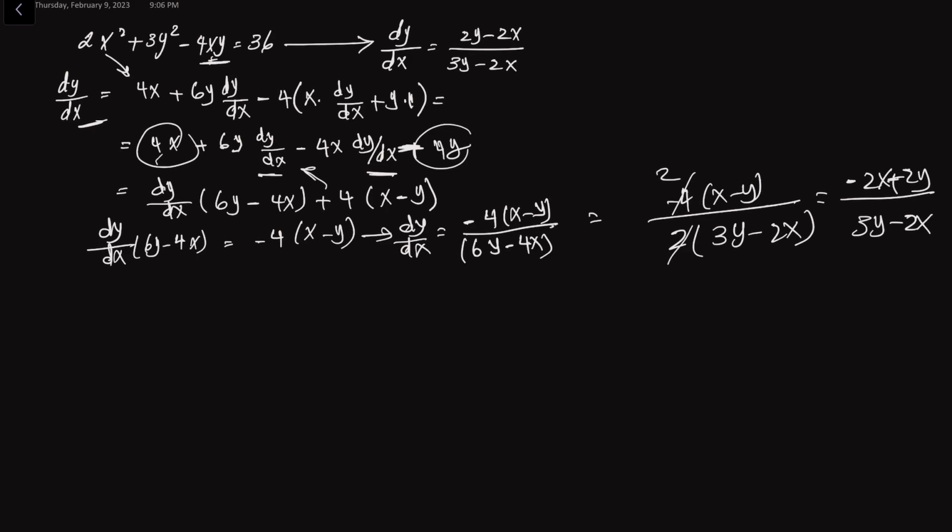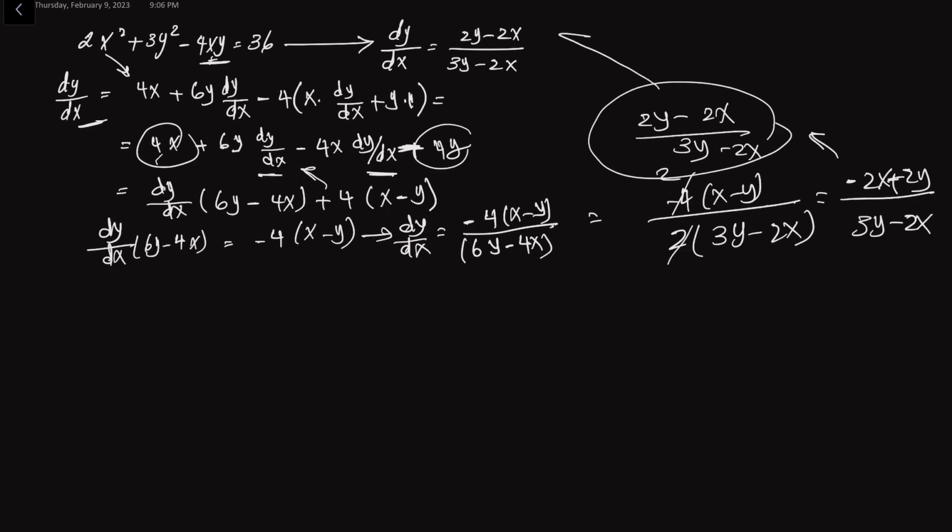All right, which is going to be equal to, we can say, (2y minus 2x) over (3y minus 2x). All right, and that's the first proof. Okay, so that's A. Okay, B.